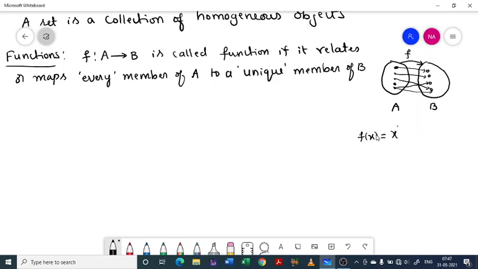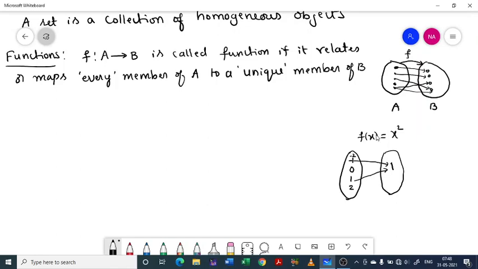For example, we take f of x equal to x square. Two members of A can be mapped to a single member of B, no problem. See, if you take this set, -1, 0, 1, 2, and here you can take -2, then this maps -1 to 1 and also +1 to 1.